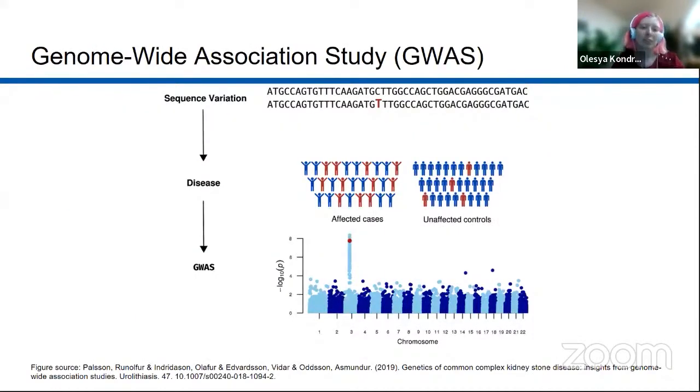So to solve this problem, we used the genome-wide association study, or GWAS. So what is that? Basically, what you do for GWAS is you take a lot of people who have certain traits and a lot who don't and who are otherwise well matched.